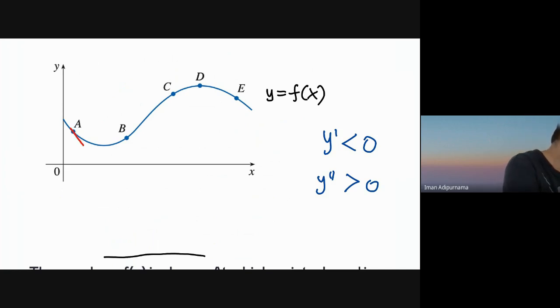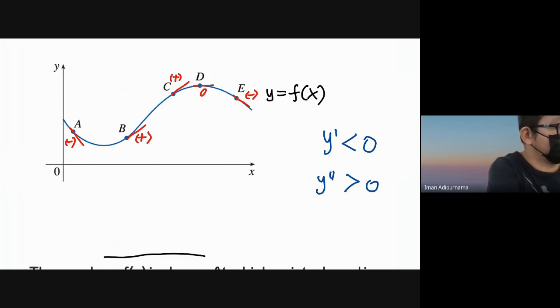So maybe A here and B like that, and C and D maybe 0, right? It's horizontal, and then the slope at E like that. So from A, the slope is negative, B is positive, C also positive, D probably 0, and E is negative slope.